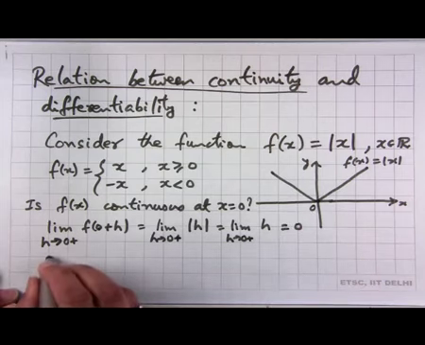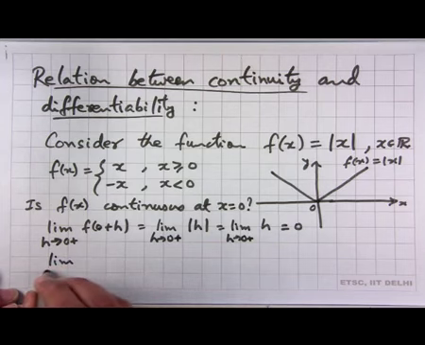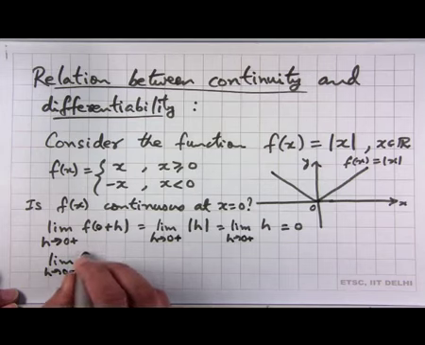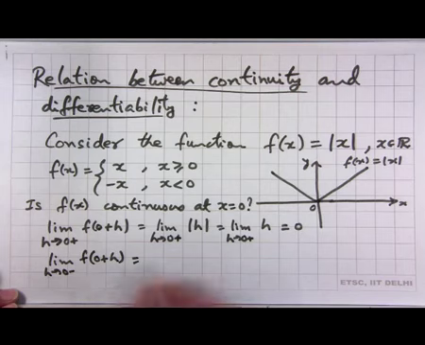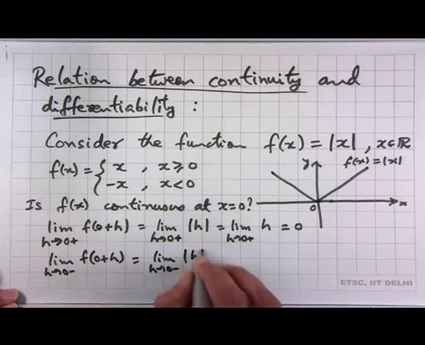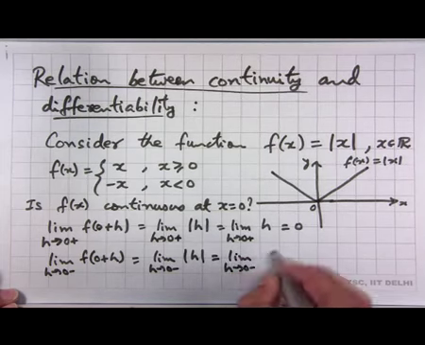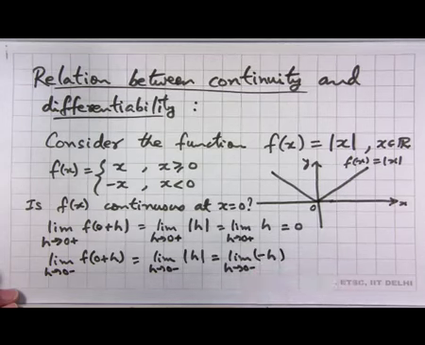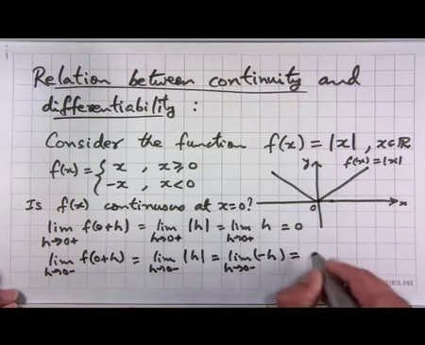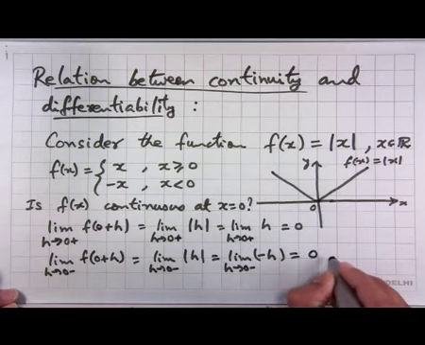Similarly, the left hand limit, limit h going to 0 minus of f of 0 plus h, is equal to the limit of h going to 0 minus of mod h, but here because h is going to 0 minus, mod h is equal to minus h, but h is going to 0. So, minus 0 is also equal to 0.